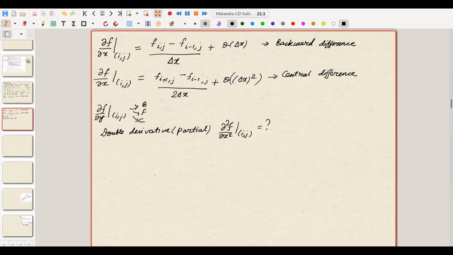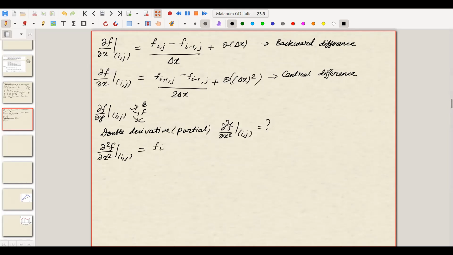What will it be? I will write one, then you can refer to the notes for how I wrote dou 2f by dou y2 and mixed derivatives like dou 2f by dou x dou y. Okay, I will write this one.